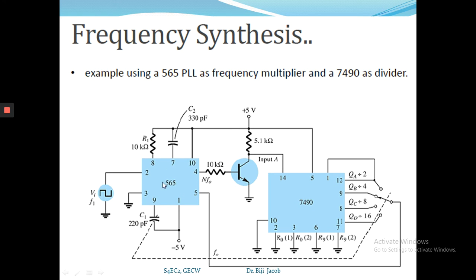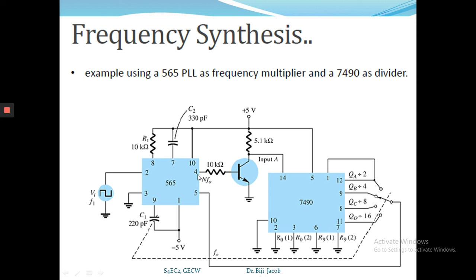So this is a circuit diagram for a frequency synthesizer using a PLL. This is the PLL connector. This capacitance forms part of your low pass filter along with the internal resistance. This R1 C1 forms the VCO's free running frequency determining components.